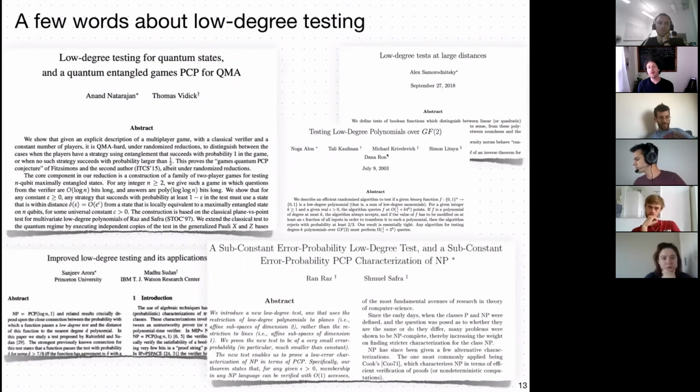If you have heard about the big breakthrough in quantum computing, the MIP star equals RE result, it strongly relies on a low-degree test that holds in the quantum setting. There are dozens and dozens of papers which deal with various notions of low-degree tests in different regimes and different settings. It's a very active and vibrant field of research where you make these technical improvements and you can get some important results.